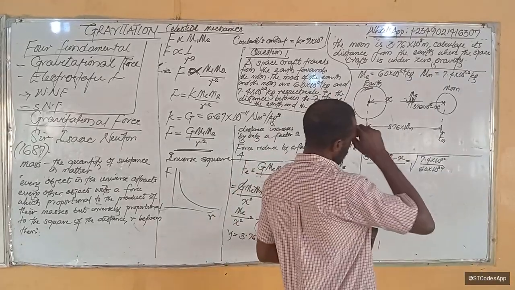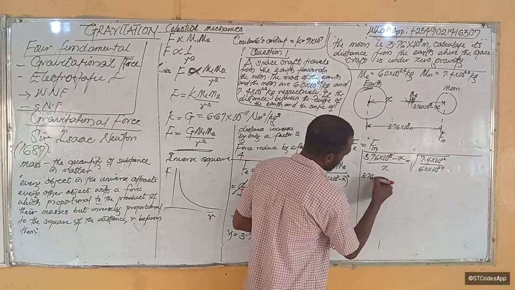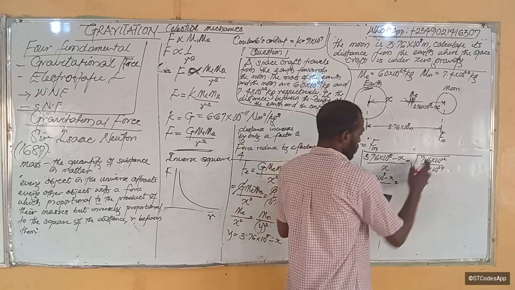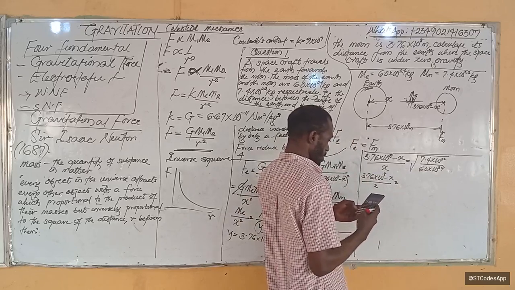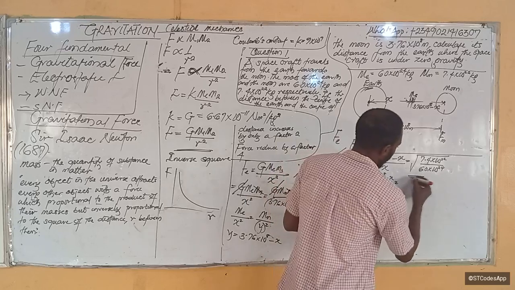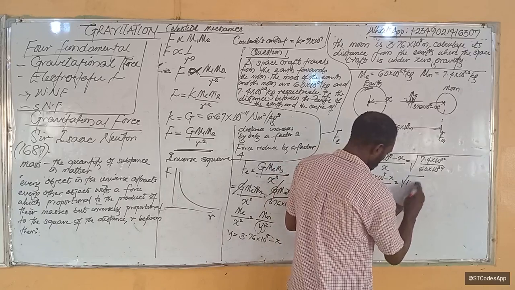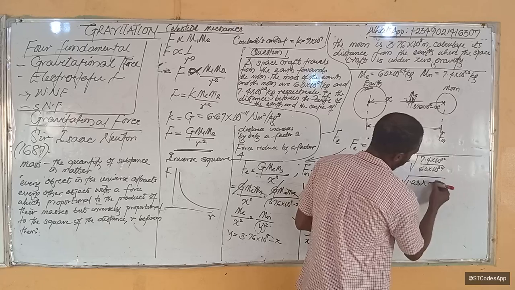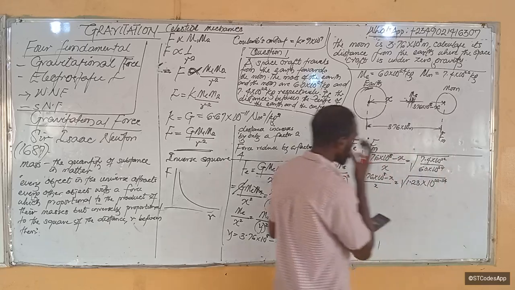This becomes 3.76 times 10 to the power 8 minus x over x is equal to the square root of 7.4 divided by 6, which is 1.23 times 10 raised to the power 22 minus 24.